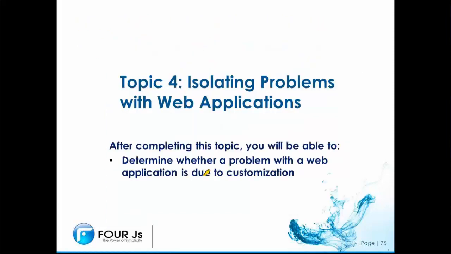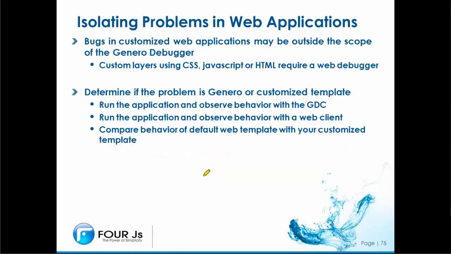And then finally, the last topic, it's only a few pages long. It's talking about isolating problems in web applications. If you've customized your web applications, which I believe you have, those custom layers, CSS, JavaScript, we've already discussed are outside the scope of the debugger and really outside the scope of debugging at a Genero level.